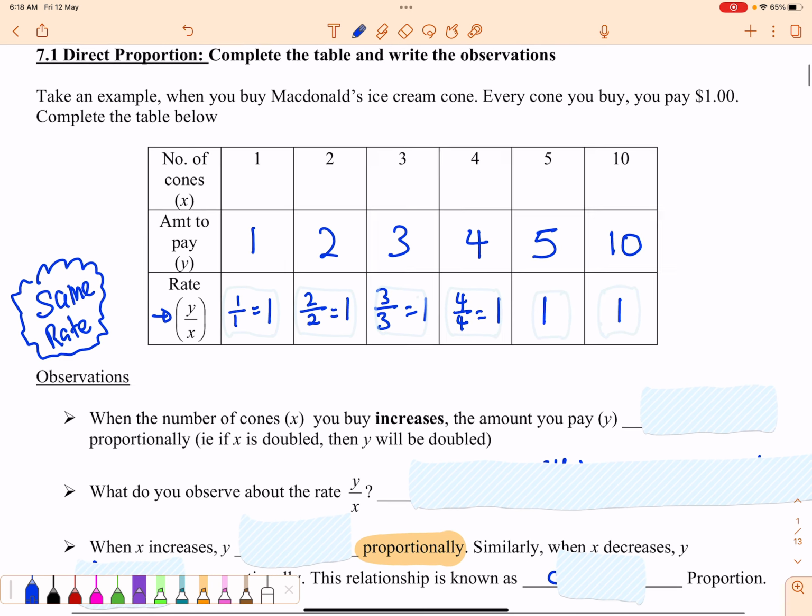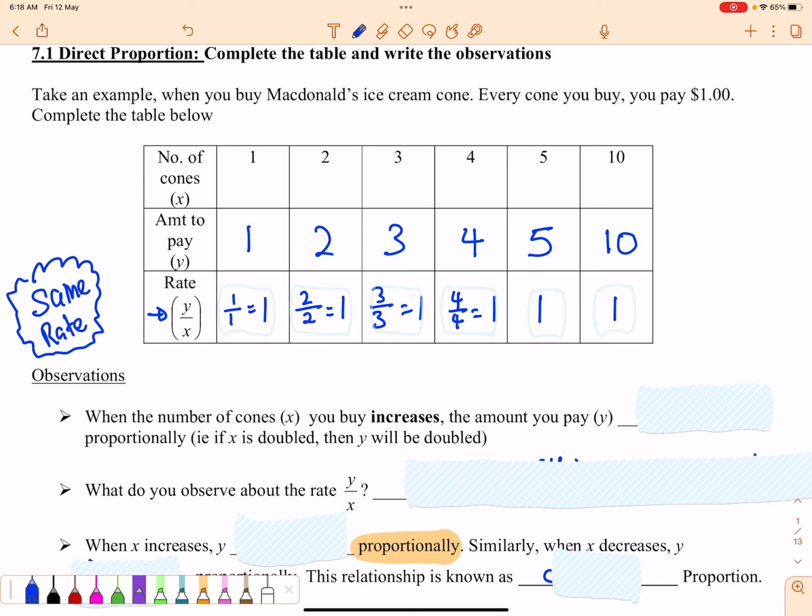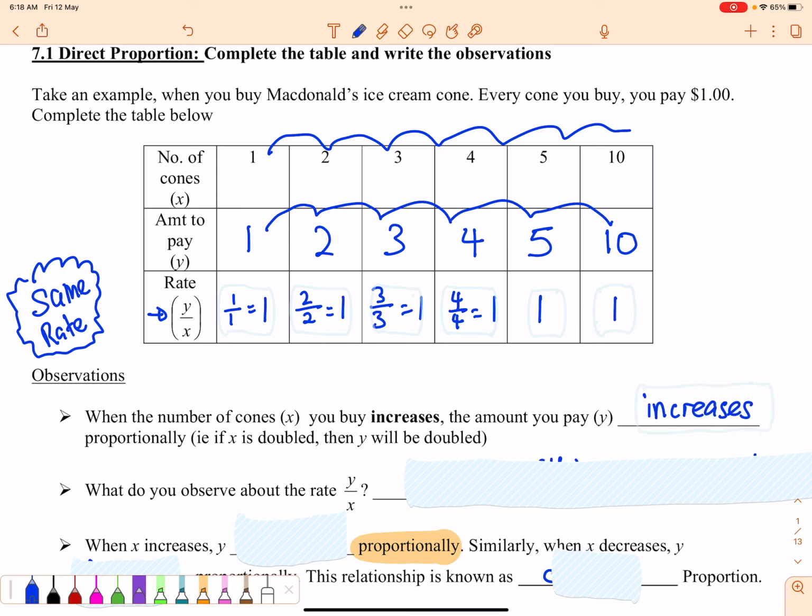So we say that when the number of cones increases, the amount of money you pay also increases. So this is increases, and the idea is proportionally. The idea of proportionally means it is increasing in the same rate.